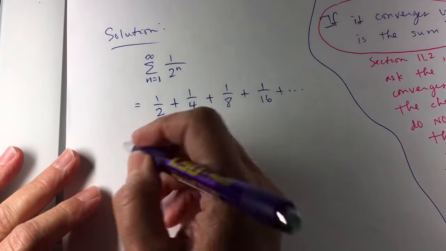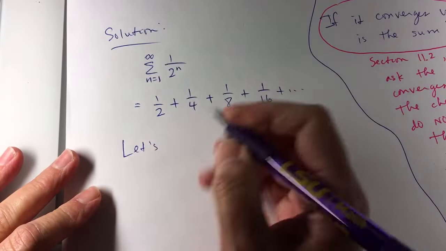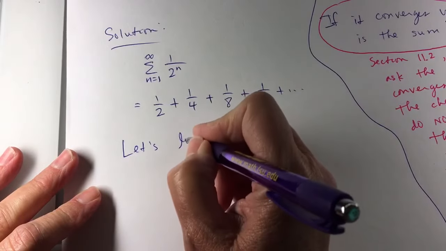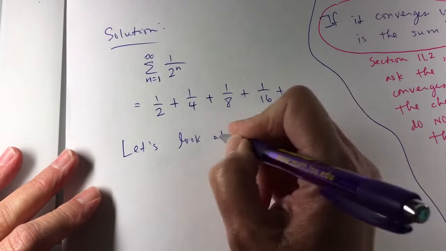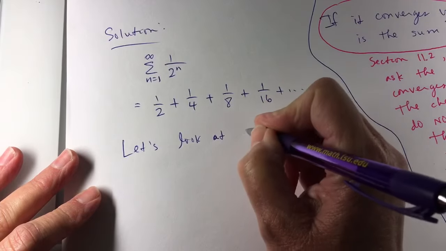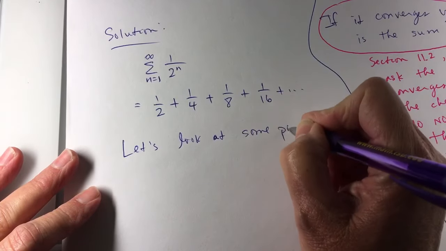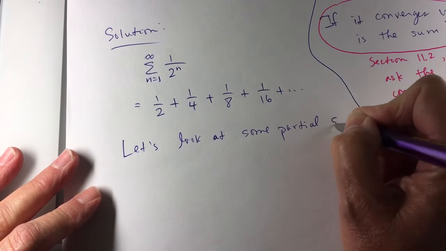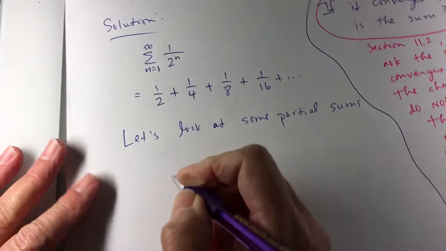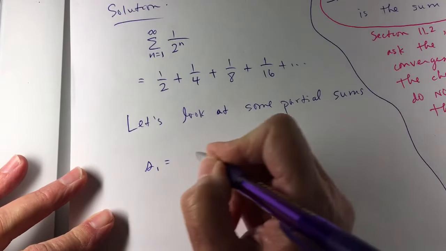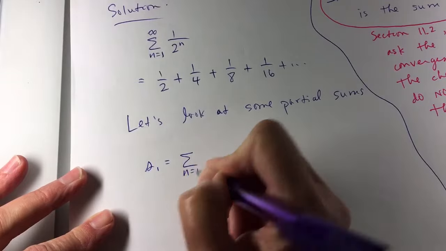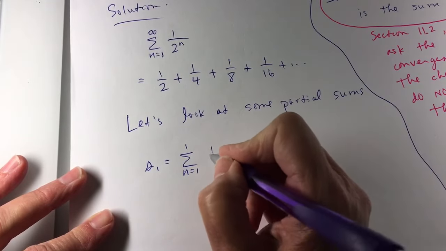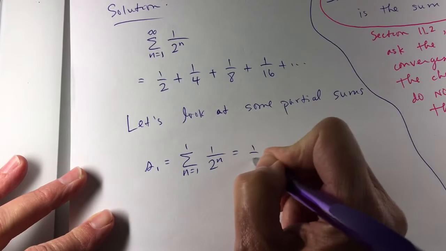So let's look at some partial sums. S sub 1, that's the sum as n goes from 1 to 1 of 1 over 2 to the n, and that's 1/2.